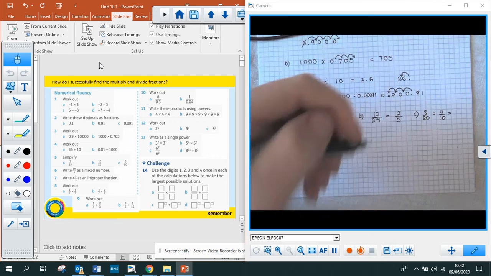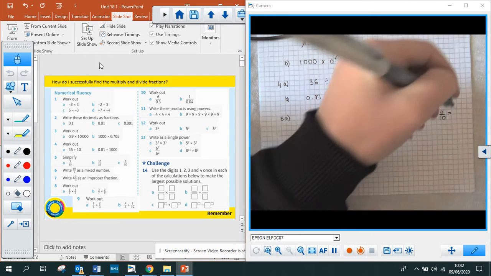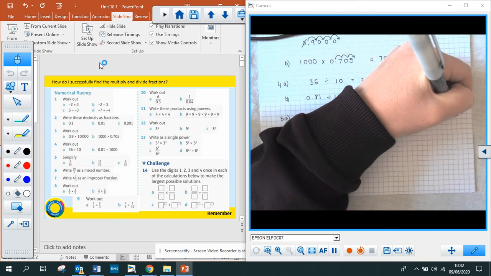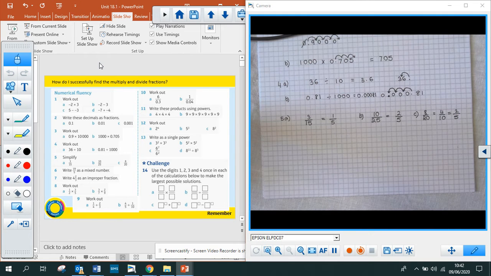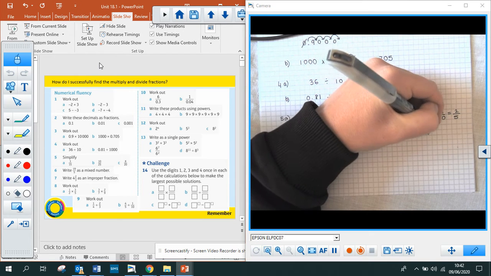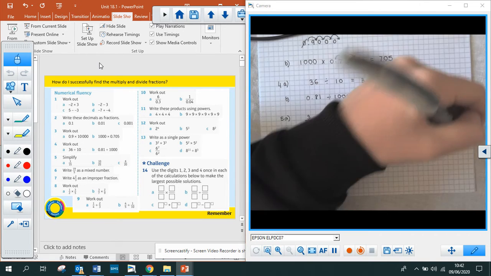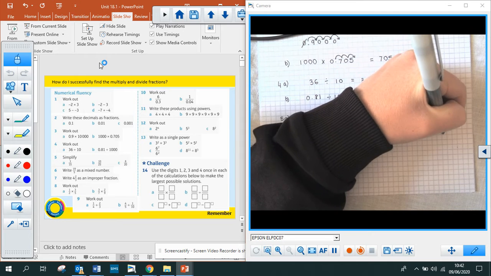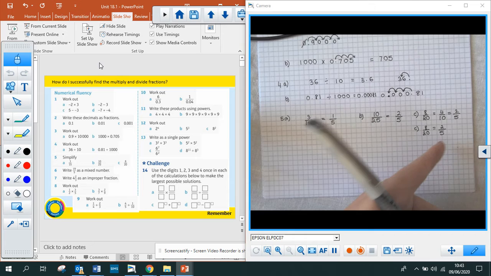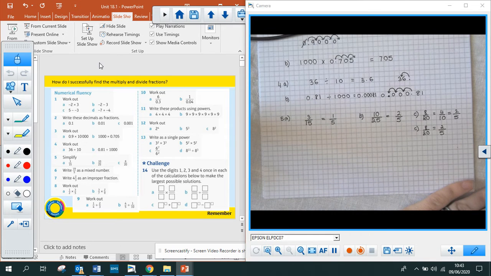They're still even, so I know they're still divisible by 2. 4 divided by 2 is 2, 10 divided by 2 is 5, 2/5, and that's as simple as they go. If you could see they were both divisible by 4, you'd just say 8 divided by 4 is 2, and 20 divided by 4 is 5, and you got straight to the 2/5 there. Doesn't matter which way, as long as you leave your answer in its simplest form.